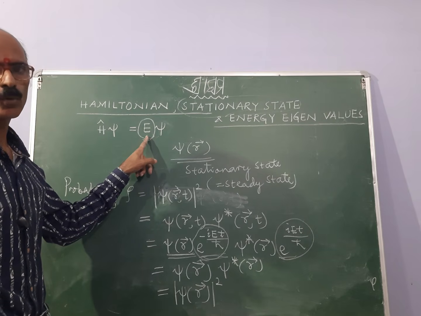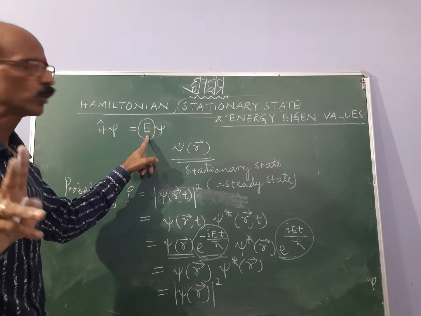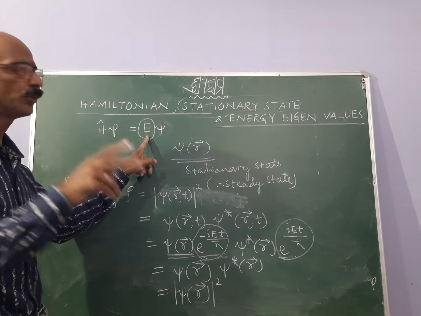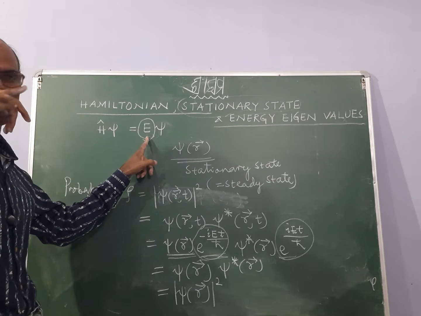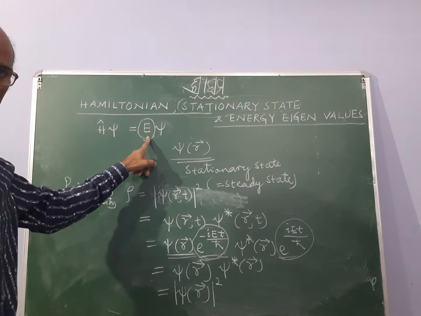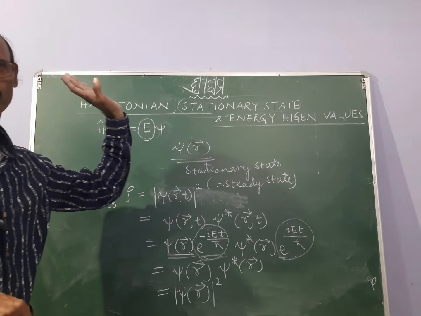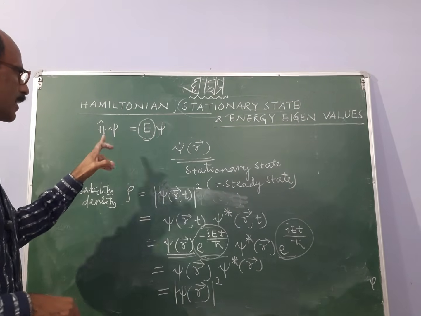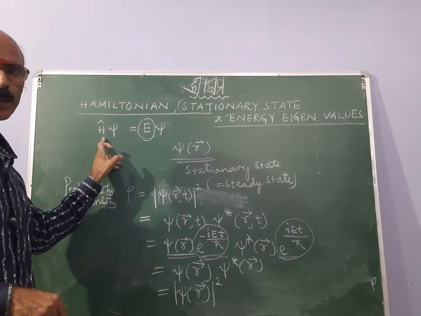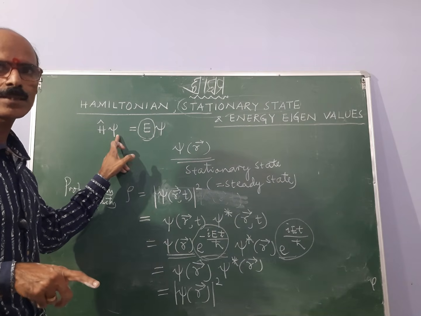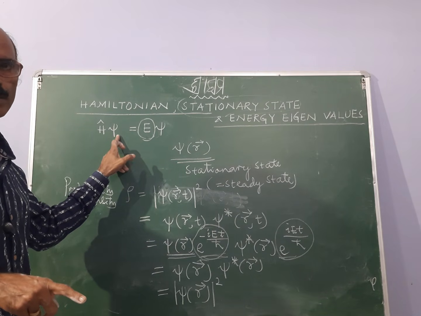Specific and allowed, both terms are important. The specific allowed energy level with which that state is associated is the energy eigenvalue. So the primary condition is it must be operated with Hamiltonian, and second is it is a stationary state solution.